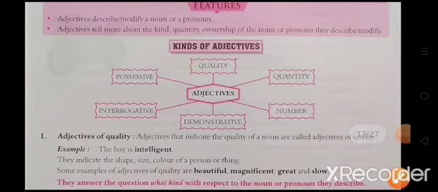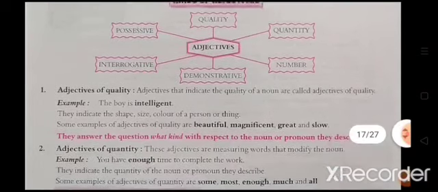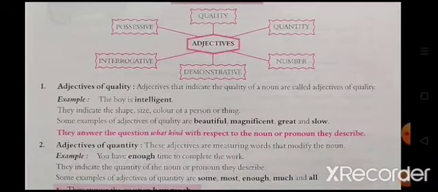Now, kinds of adjective. There are six kinds of adjective. First is quality, second is possessive, interrogative, demonstrative, number and quantity. Now let's revise what is adjective of quality. Adjectives that indicate the quality of a noun are called adjectives of quality.